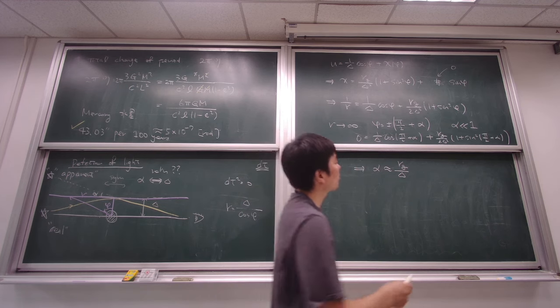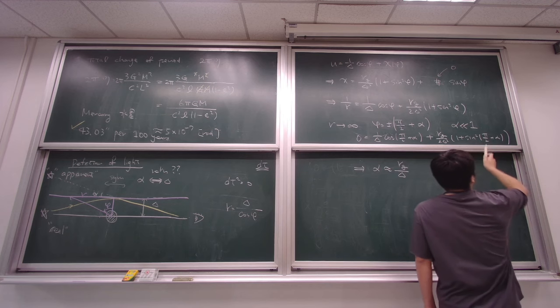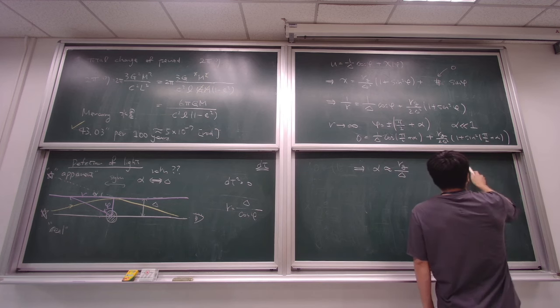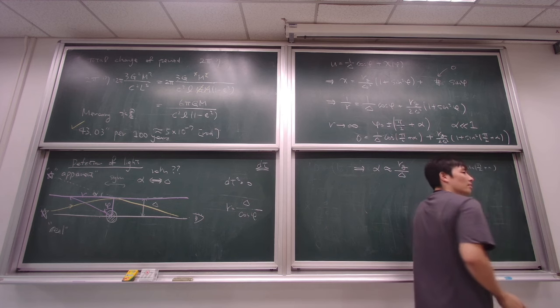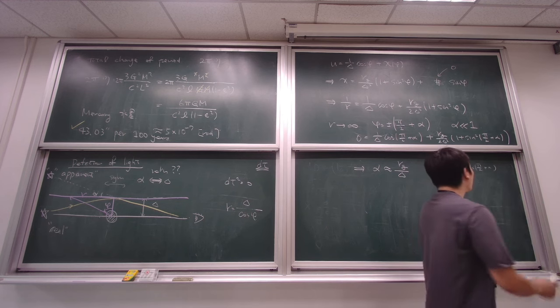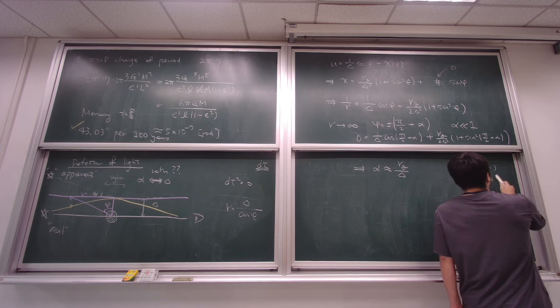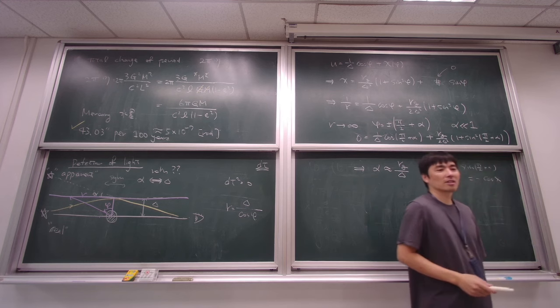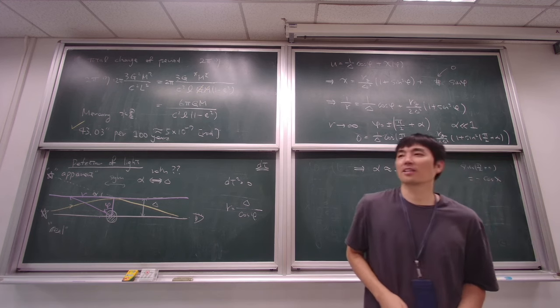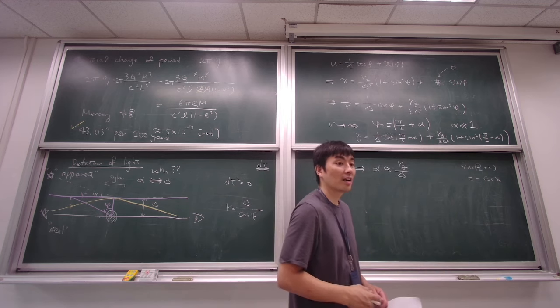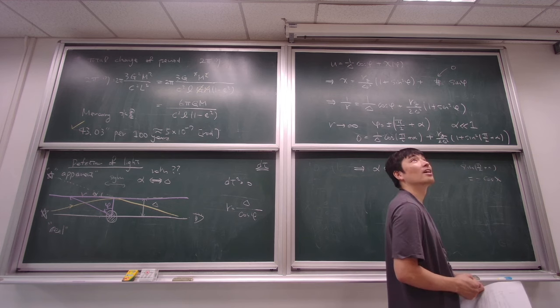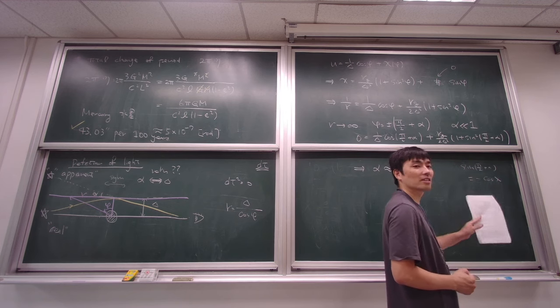I think from here, sine of pi over 2 plus x is equal to what? Minus cosine? Is it correct? There is no minus.